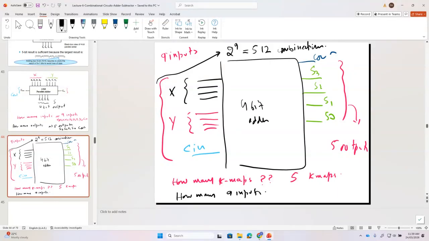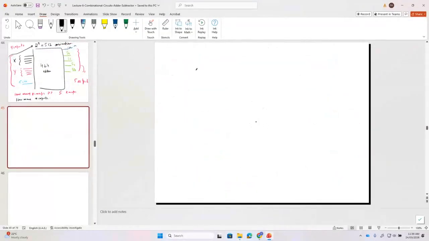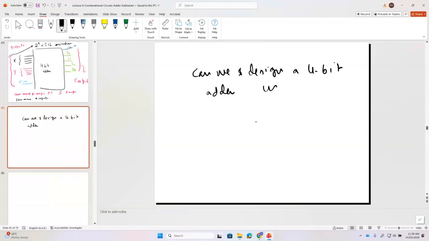Can we solve this problem using a truth table approach? So the $1 million question is, can we design a 4-bit adder using the truth table approach? Yes or no? No.